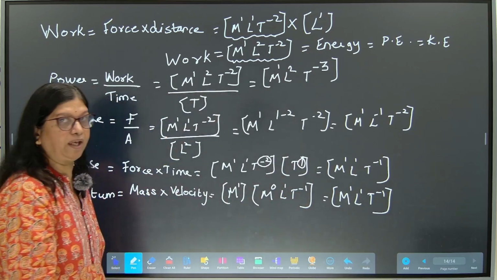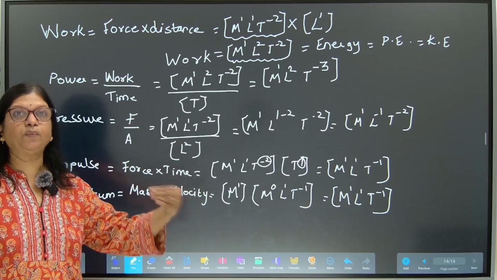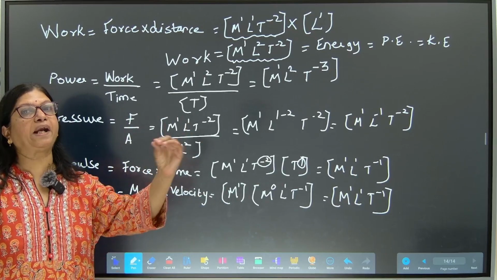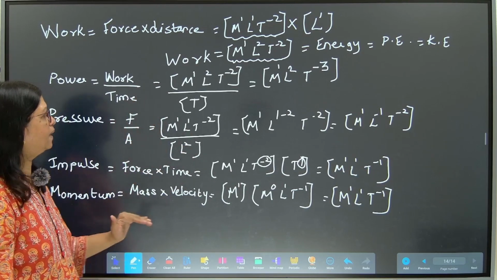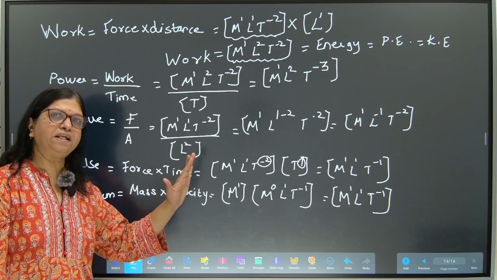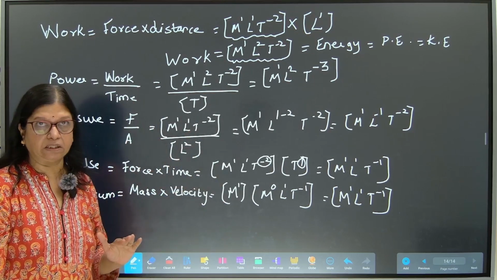So in this way, try to either derive and remember, or remember it with practice, not by heart. Clear? As many formulas as you practice, these are the basic ones. This much also if you learn, you will be able to solve many numericals.